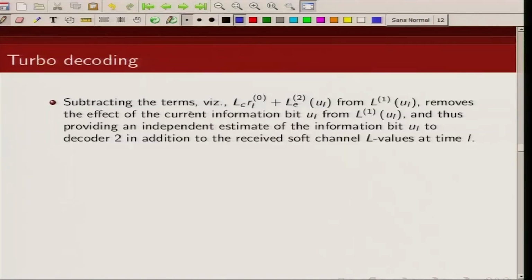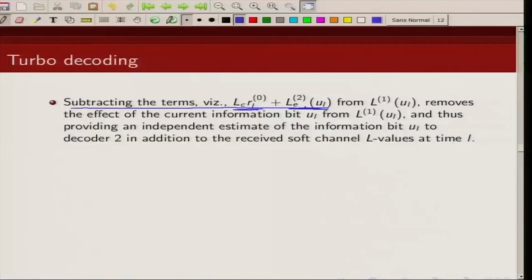So, why are we subtracting these terms, this information bit term and the a priori term? We are essentially trying to remove the effect of the current bit from the APP value. In some sense, we are trying to provide an independent estimate, because this a priori information has anyway come from the previous extrinsic information from the previous decoder.